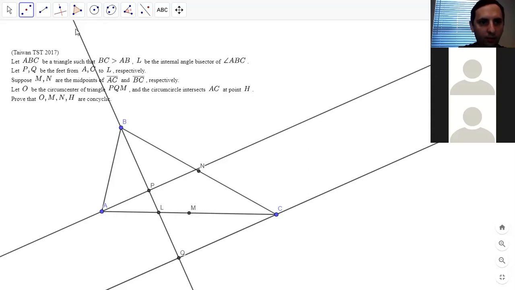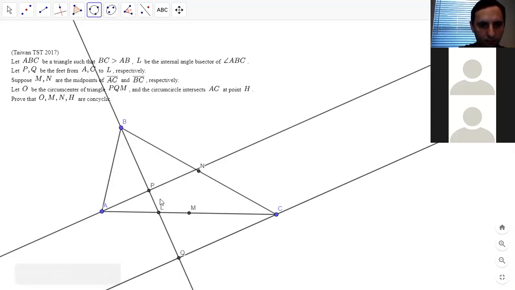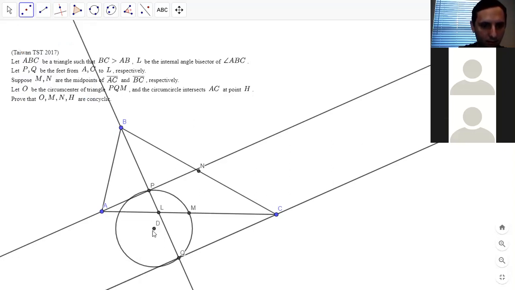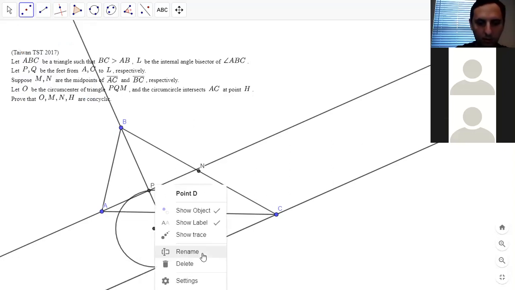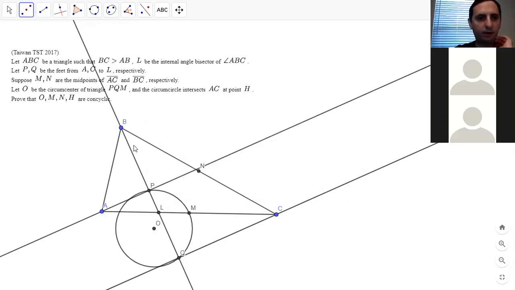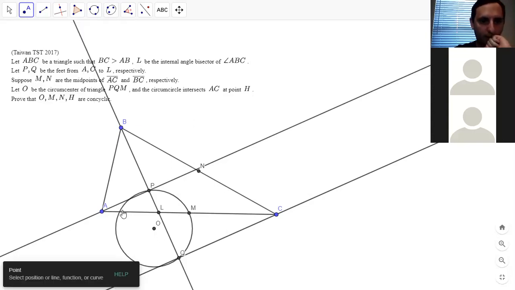And then O is the circumcenter of PQM, and it intersects AC at H. And we want to show that O, M, and H is cyclic.